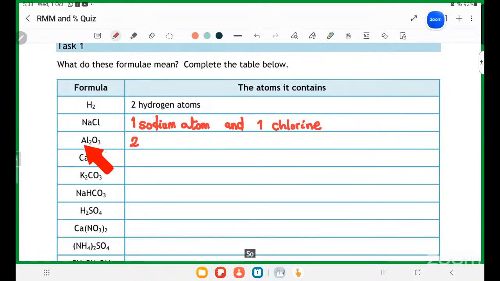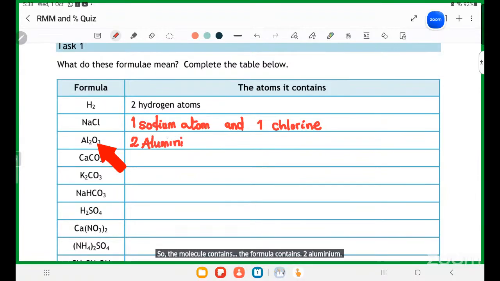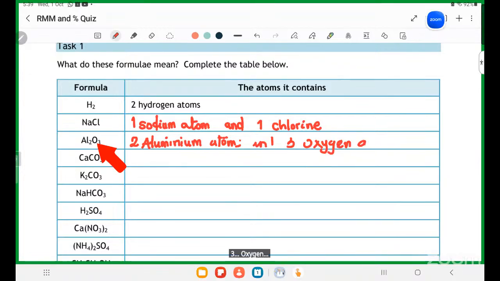So the formula contains 2 aluminum atoms and 3 oxygen atoms.